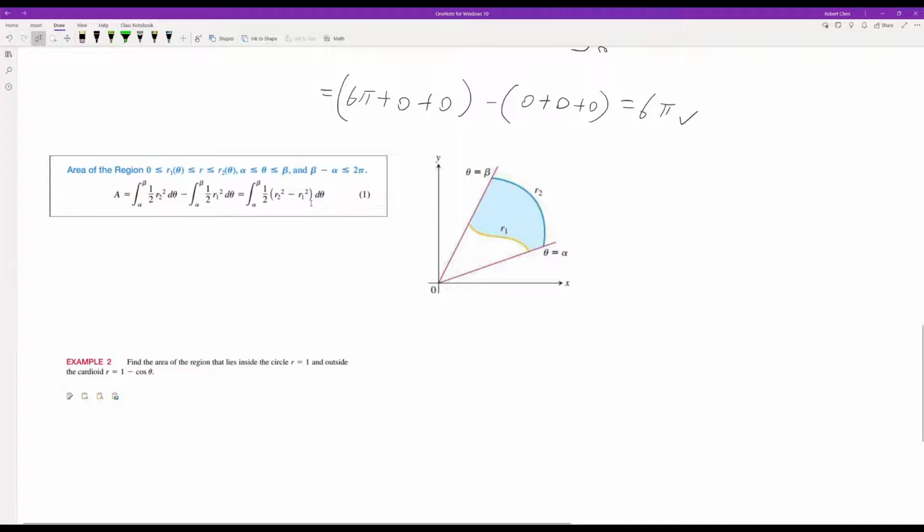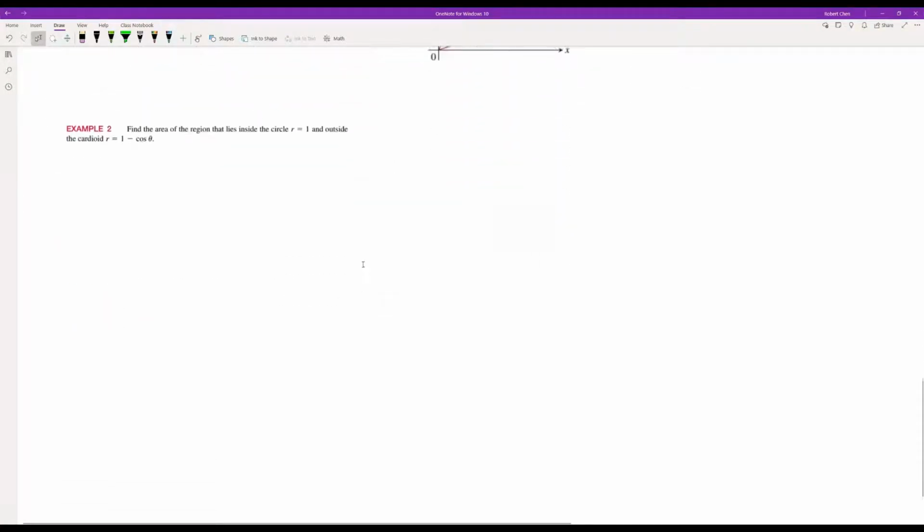Right, so it's basically the same thing as regular Cartesian functions. It's just that to find the integral under the polar curve, we need this extra 1/2 and then the square on the function, right? But that is not a big problem because we can just factor out the 1/2 and then just do R2 squared minus R1 squared.